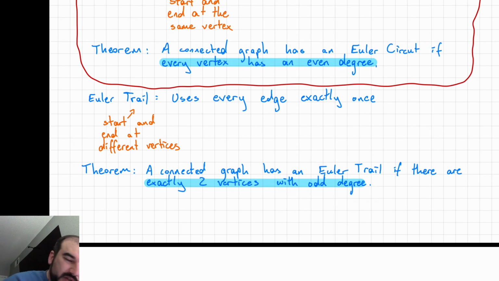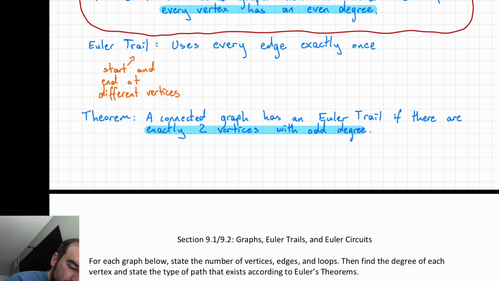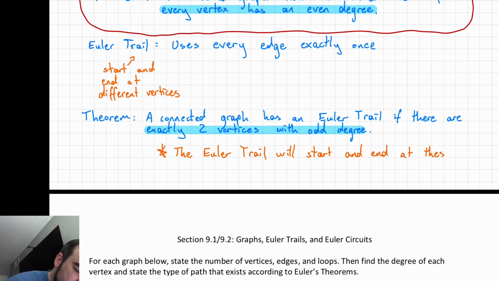I want to add a note to this. We'll put a little star here and say that the Euler trail will start and end at these two odd degree vertices.